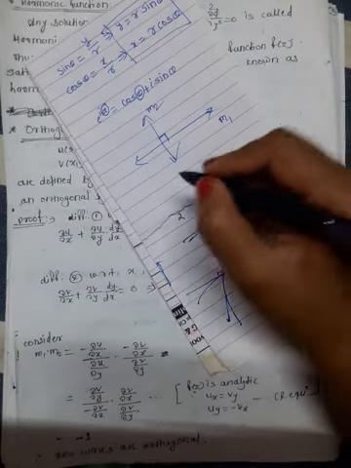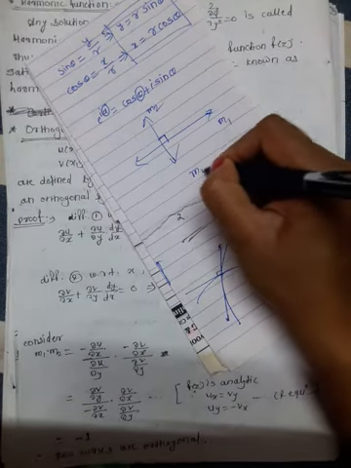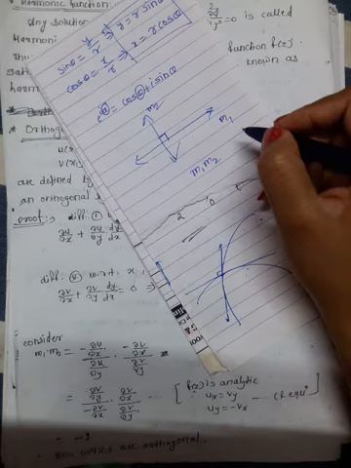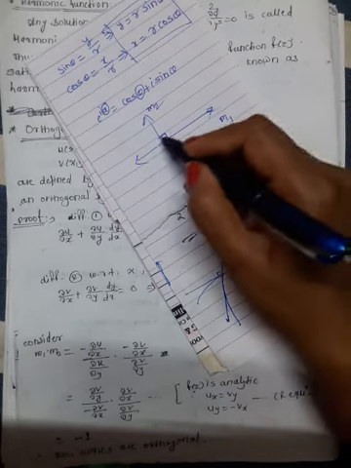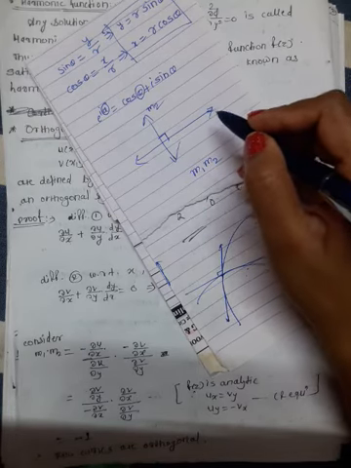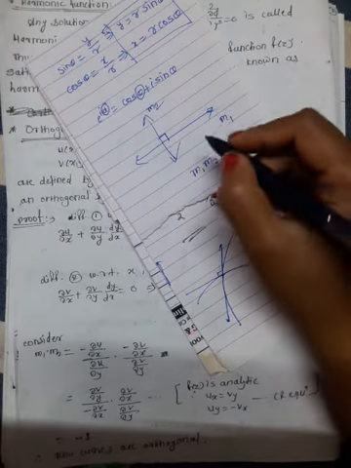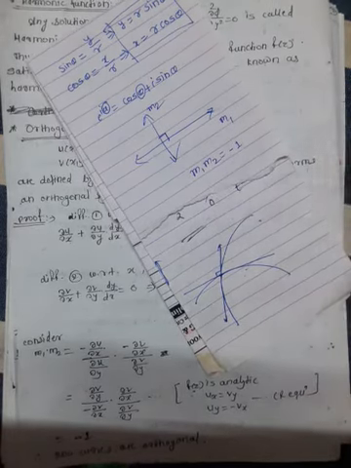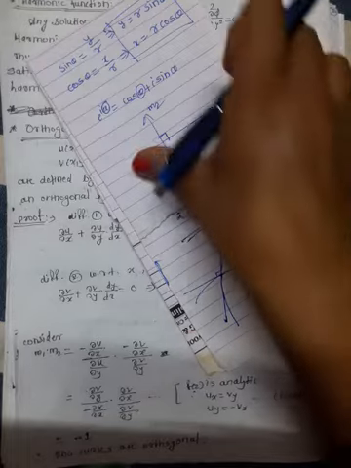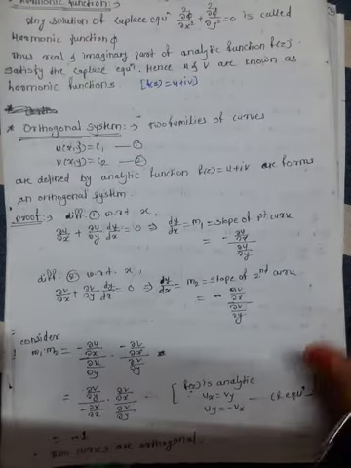Then we know one theorem: the multiplication of the slopes of two lines intersecting each other at 90 degrees is -1. This theory we are going to use here to prove this statement.